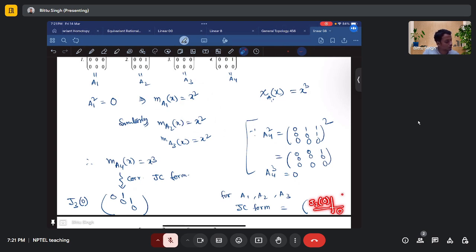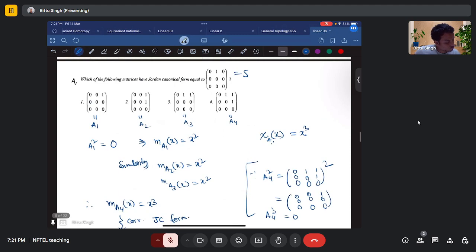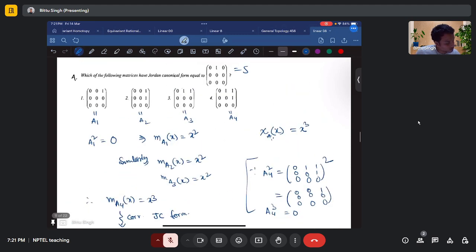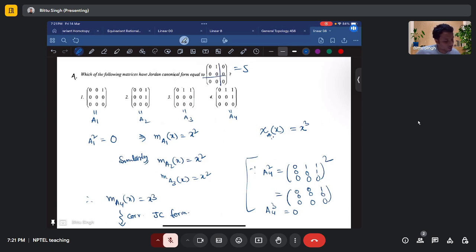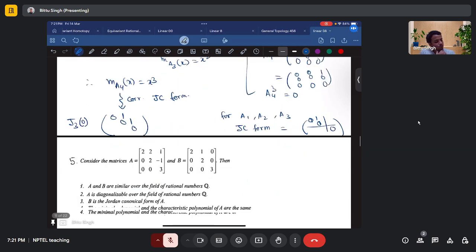So just put 0 here. So explicitly it will take this form. There exists a size two Jordan block, J2 of 0, which means 0 0 in the diagonal and just put 1 just above the diagonal, and there is another size one Jordan block. So from the options it is clear that this Jordan form appears for options 1, 2, 3, but this is not true for option 4.